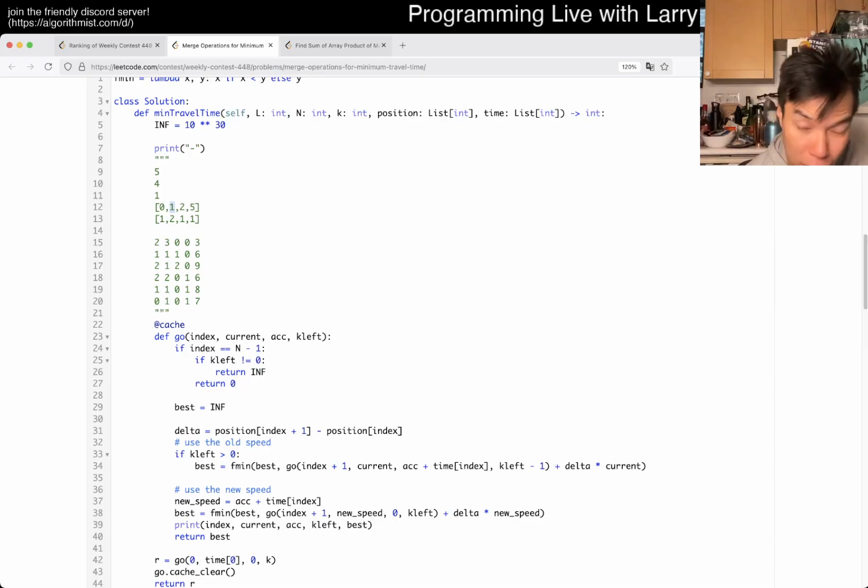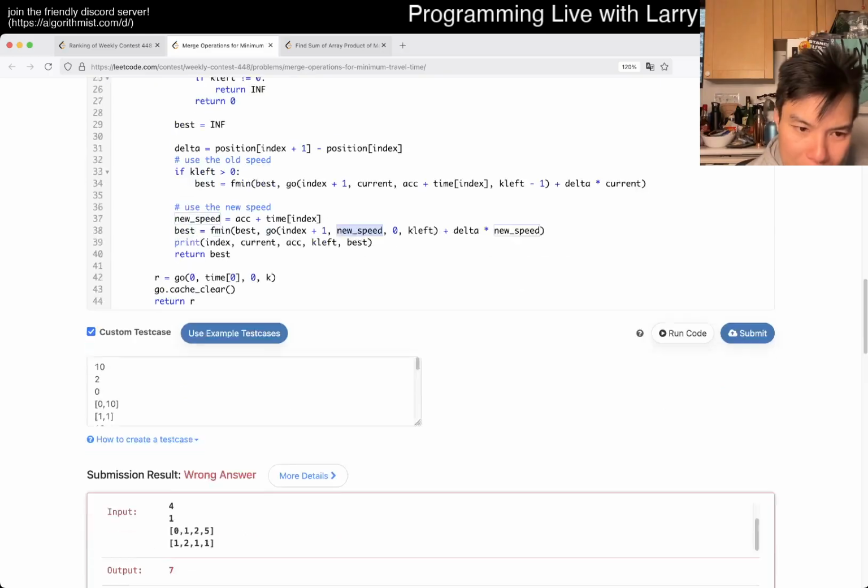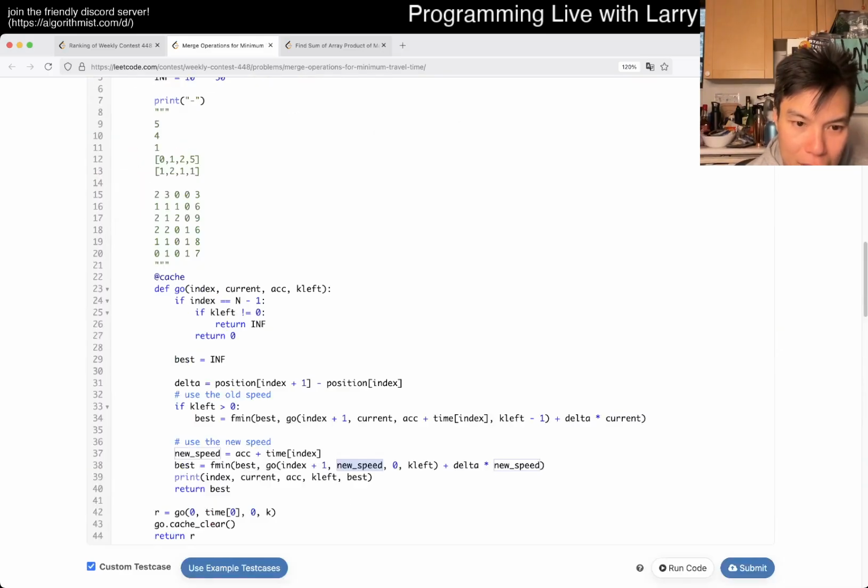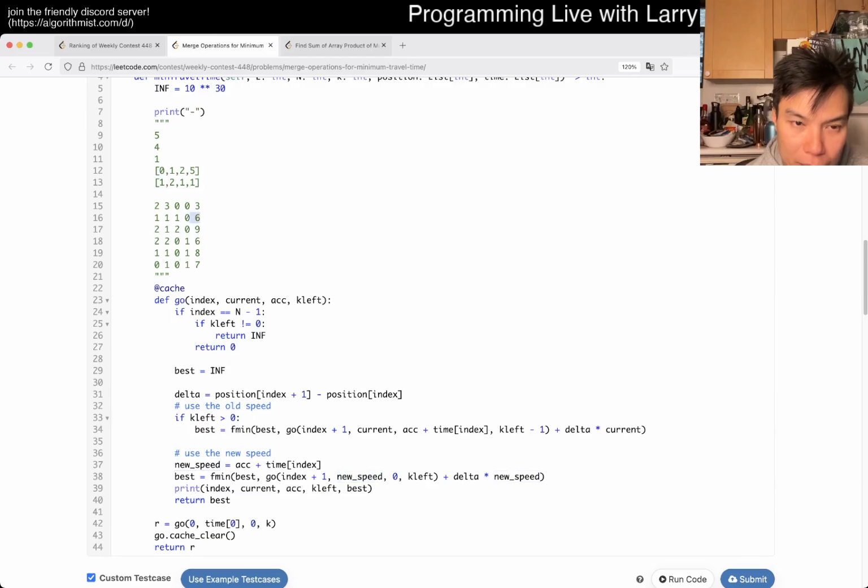No, the current speed isn't 3. Am I messing this current speed wrong? Use the new speed. So we use the new speed. Is the new speed right? From here. Are we calling it right?